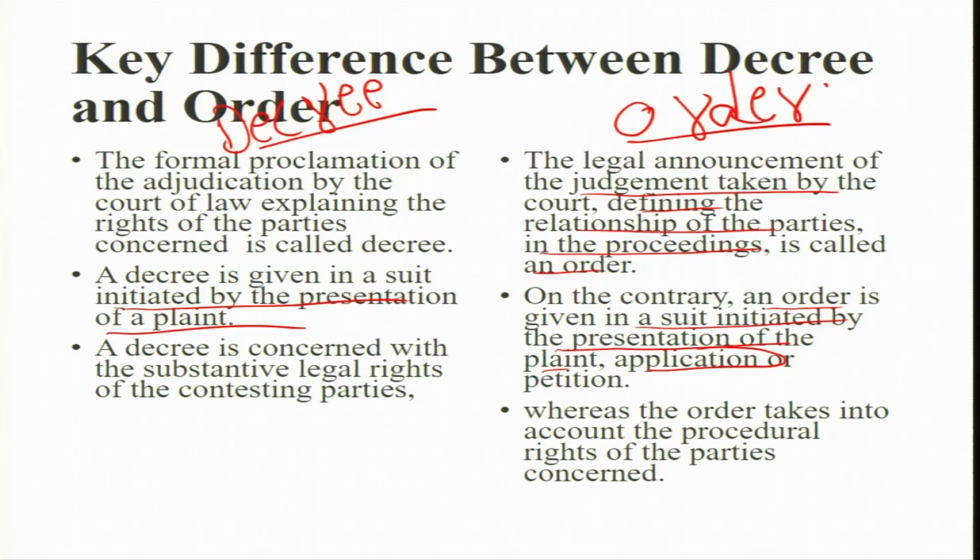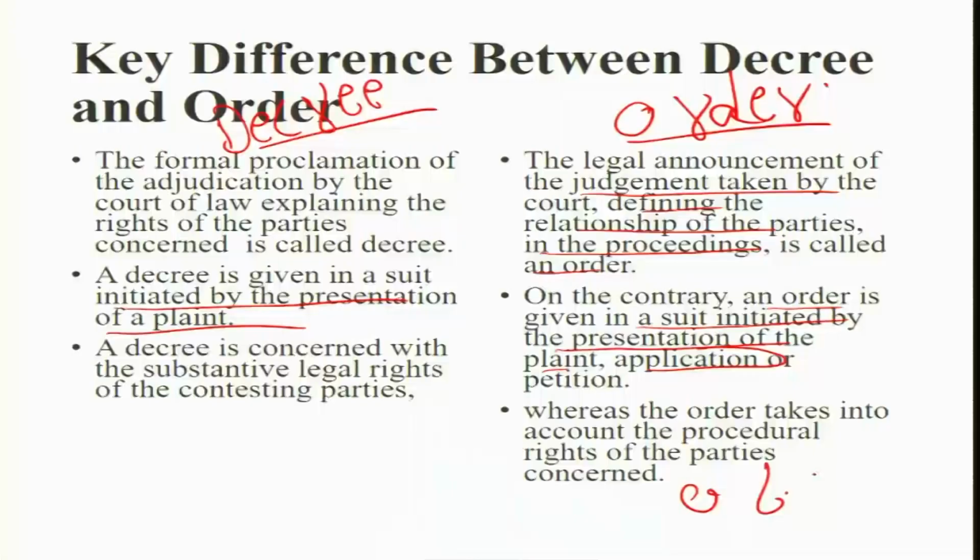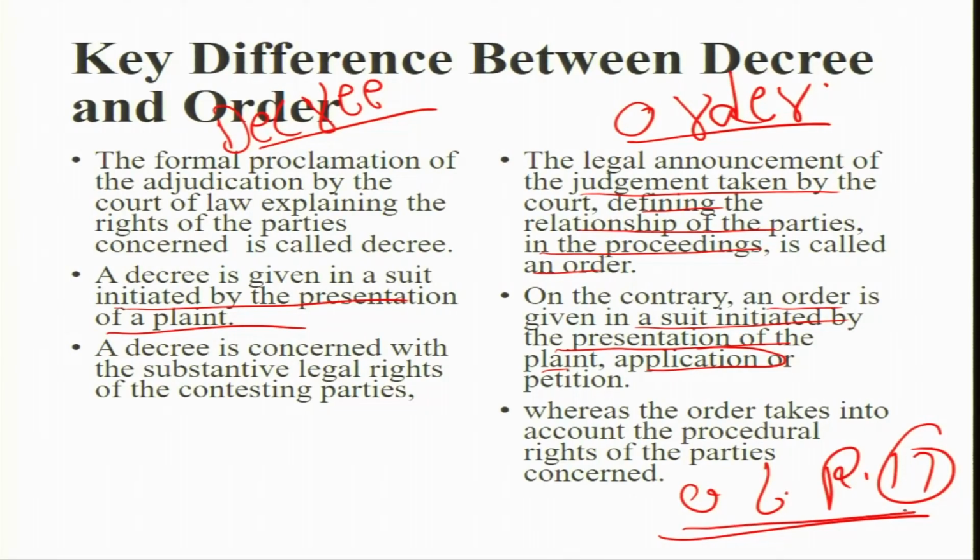There are a number of examples of orders: a res sub judice application under Section 10, and a number of other interlocutory orders, such as amendment of pleading, Order 6 Rule 17. You will file an amendment application as per Order 6 Rule 17. We call it an amendment application, we do not call it an amendment suit.